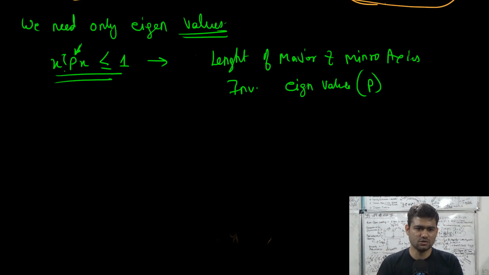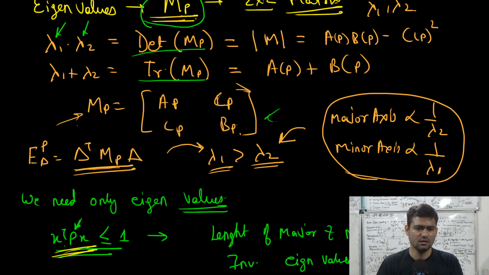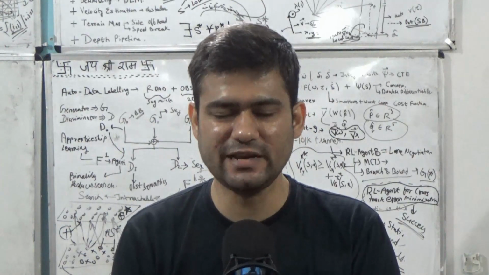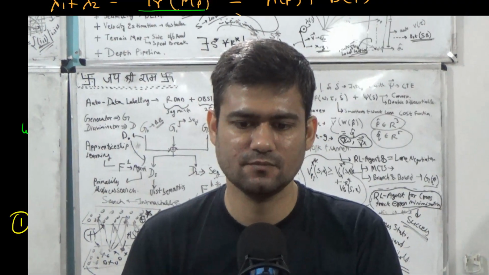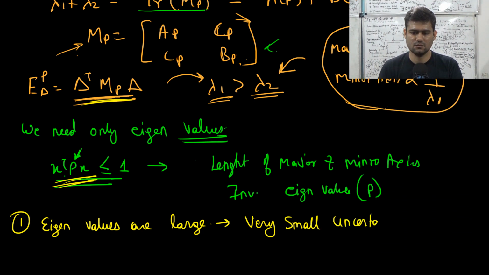So if the eigenvalues are large, then the resulting ellipse characterized by the equation x transpose Px, or delta transpose M delta, is small. This denotes a very high certainty, or very small uncertainty, around a point.